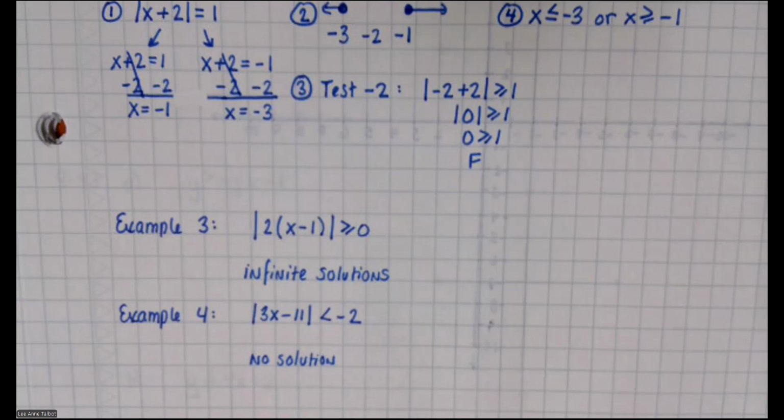That's explain for 5 seconds. You only have to worry about infinite solutions and no solutions when the number over here is 0 or negative. Because absolute values always have to be greater than or equal to zero, since they're always positive, and they're never going to be negative. So you just have to keep your eye out for if this is zero or negative, then you don't have to actually do any math, you just look and see if it works or it doesn't work.